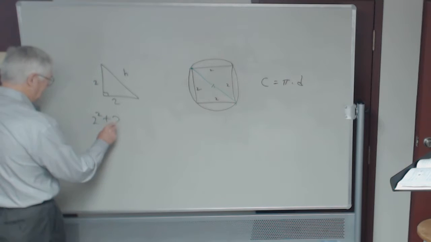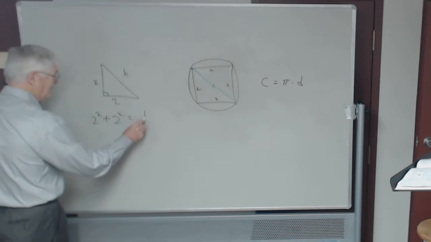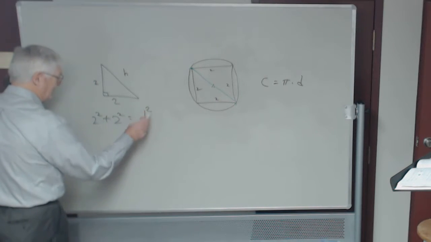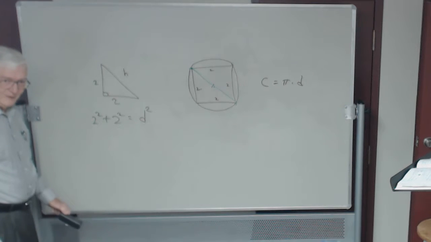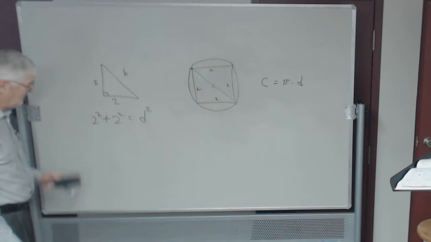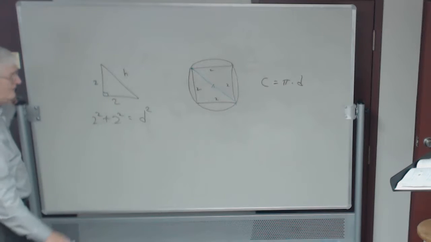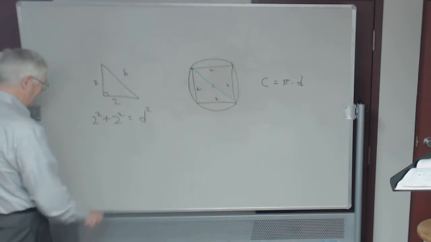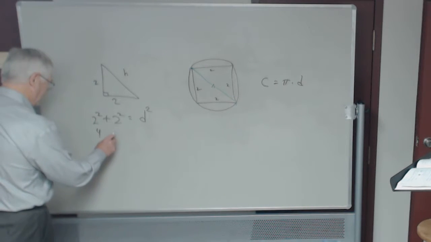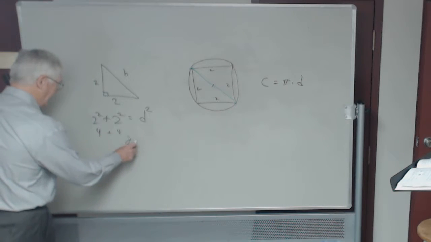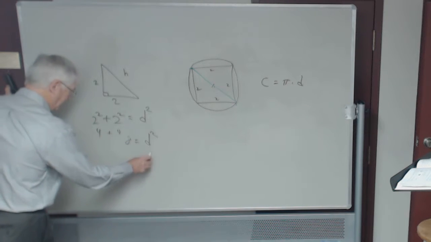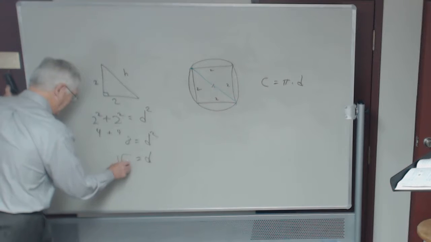2 squared plus 2 squared equals the diagonal squared. See why I'm calling it the diagonal? Or the diameter squared. So 2 squared is 4. So 8 is d squared. So d would be the square root of 8.